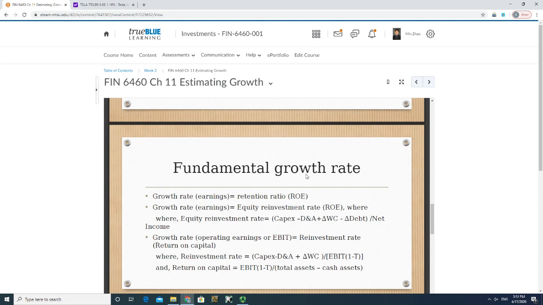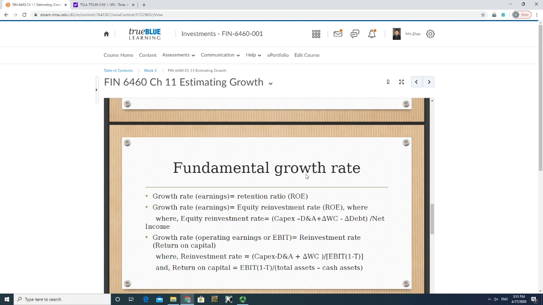And in your investment textbook or 3010 corporate finance textbook, you learn one equation that can help you to get a reasonable estimation of growth rate. That is, growth rate equals retention ratio times ROE. Retention ratio equals retained earnings divided by total profit, and then you times this with return on equity to get an estimation of the growth rate.